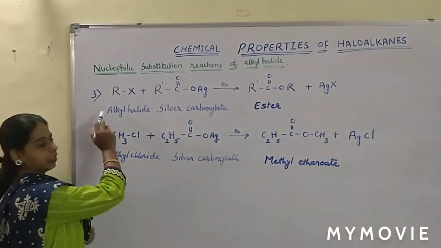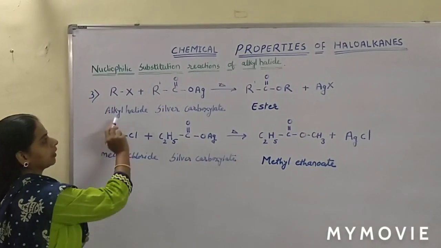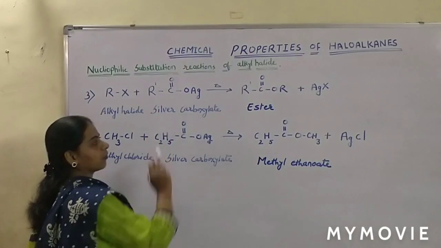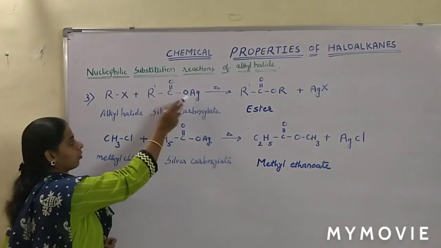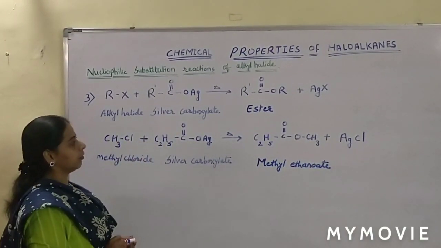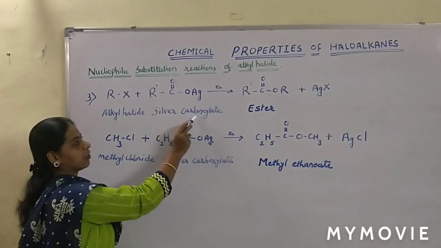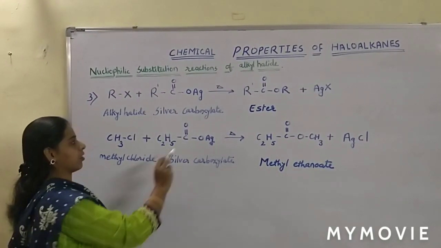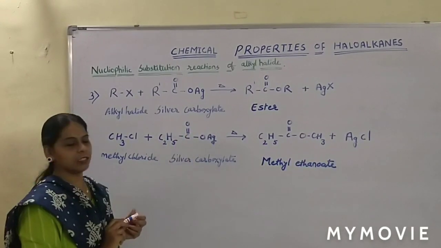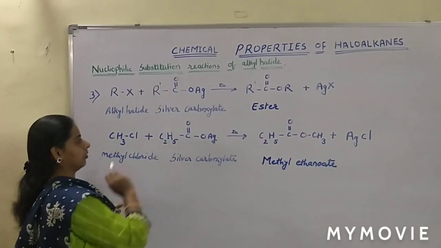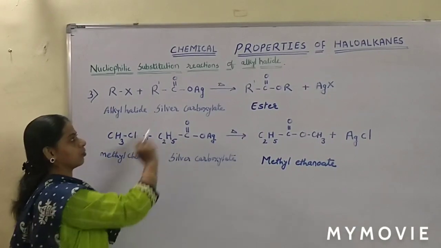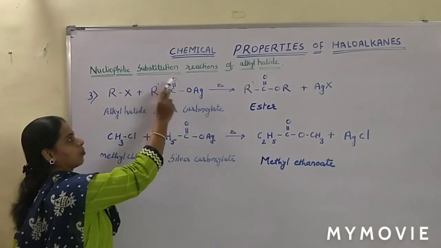Now third reaction. Third reaction is again alkyl halide reacts with silver salt of carboxylic acid. If silver is combined with carboxylic acid, there is a formation of silver carboxylate; the ending ATE is the group at the end of that name, so it is the ester. So this is a silver carboxylate.